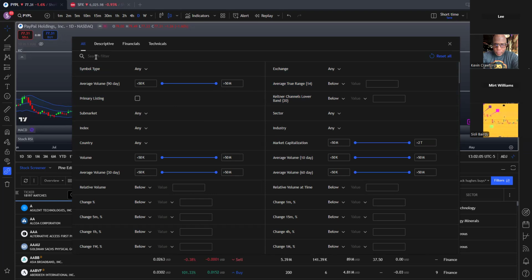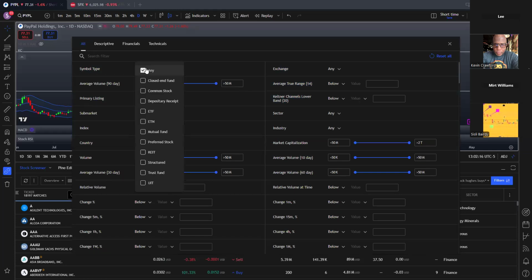So you have to say, well, what do I want? What do I need for my stocks, for what I'm looking for in my trading strategy? What is the basis that I need? So the symbol type can be any, or if you want to say ETFs or common stocks, depository receipts. I don't care about depository receipts.